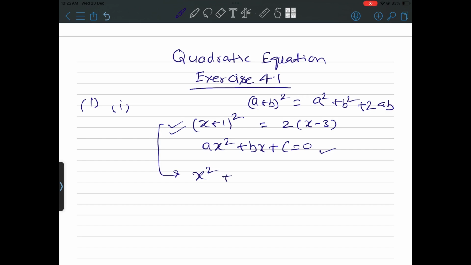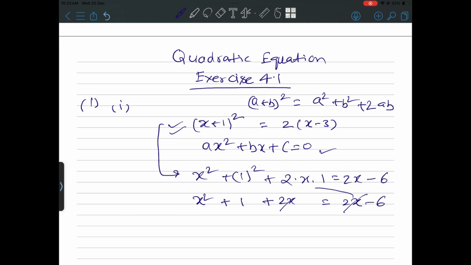The second term is 1, that is 1 square, plus 2ab, where a is x and b is 1, so 2 times x times 1. On the right side, we can multiply 2 inside the bracket and open the bracket, so it becomes 2x minus 6. Now here x square, 1 square is 1, then 2x into 1 is 2x, equal to 2x minus 6. Either you can cut 2x and 2x here, or you can bring this to this side.